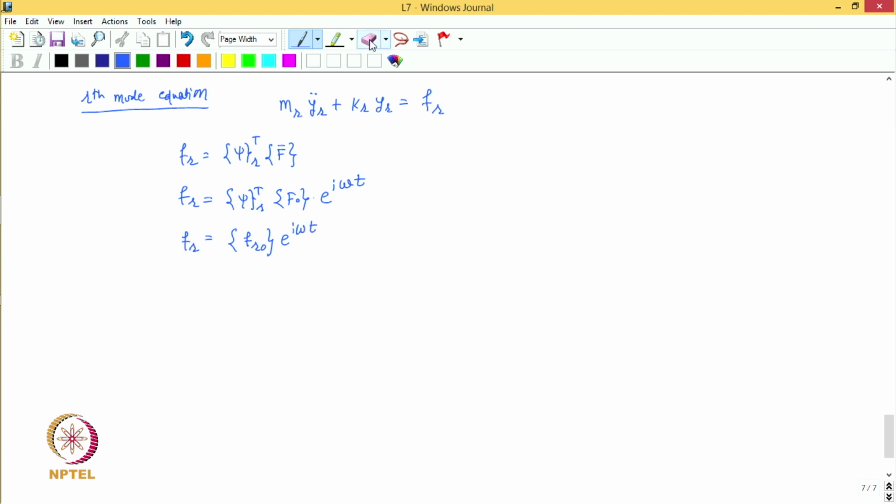I think this is a scalar, so we can just write it as Fro. Fro is nothing but psi r transpose f naught, the dot product between the rth eigenvector and the amplitude of the harmonic force vector.